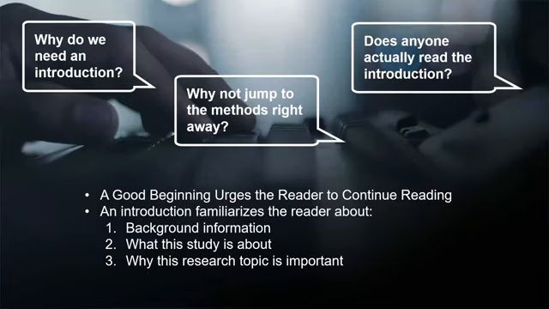If I find the answers to these 3 questions relevant to my work, I will complete reading this paper. So should we jump to the methods right away? No, we have to put an appealing beginning at the start of the manuscript so we can attract the readers to complete reading.